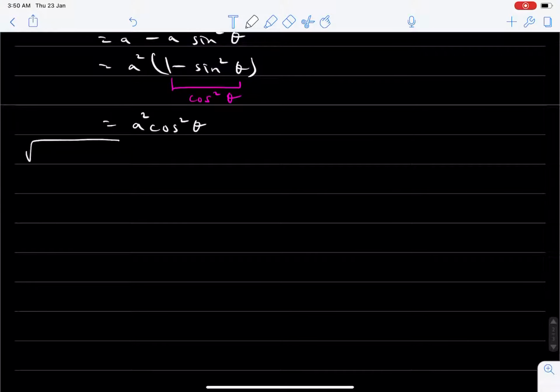And therefore the square root of a squared minus x squared is the same as the square root of a squared cos squared theta, which is a cos theta.